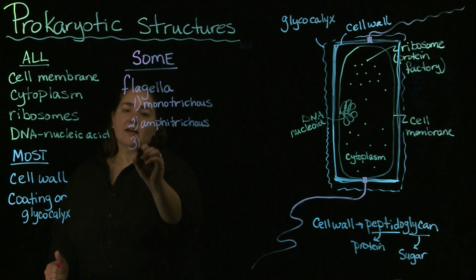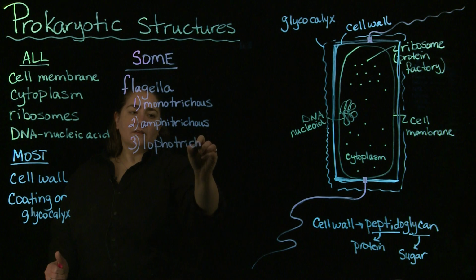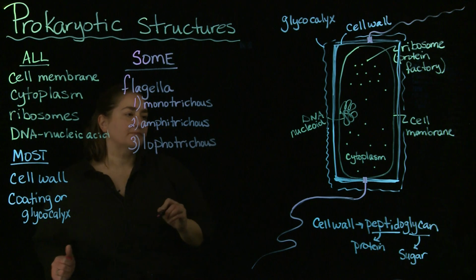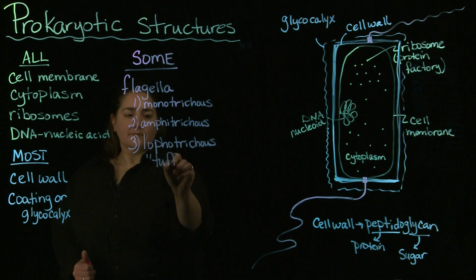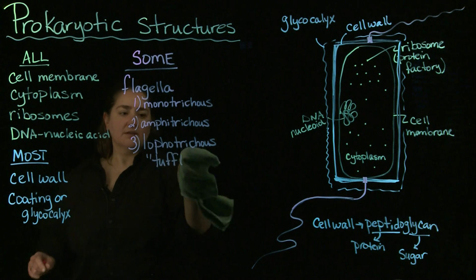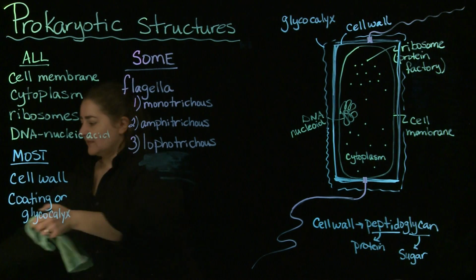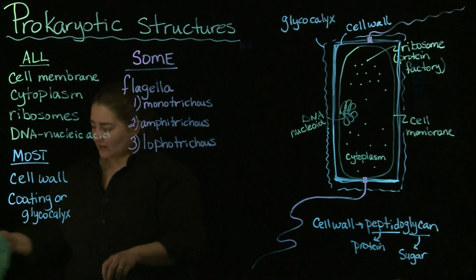Our next classification is going to be lophotrichous, all right? Lopho, oh, I can't spell. All righty. This is a lot easier with a whiteboard, but that's okay. We can fix it.